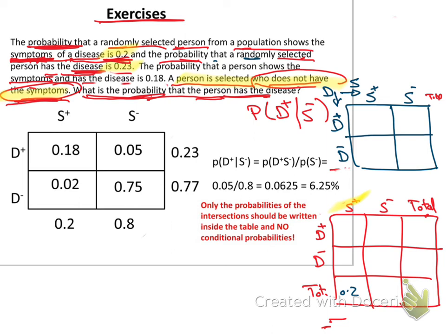So the probability of a person who has the symptom is 0.2, and he said the probability that a randomly selected person has the disease is 0.23. This is the disease. So if the probability of having the symptom is 0.2, the probability of not having the symptom is 0.8, right?